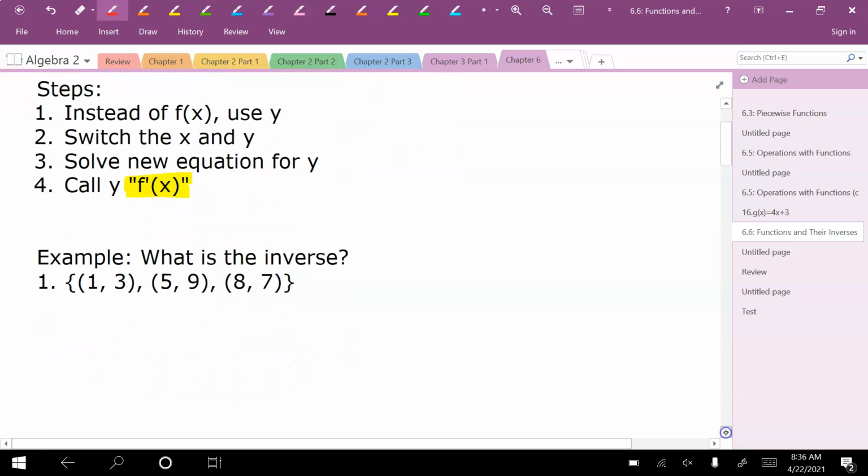Now, if they gave me coordinates like this first example does, if you were given the coordinates and you wanted to find the inverse, you would take all those coordinates and just switch them around. So the inverse of this, when I do 1, 3, that would become 3, 1. I flip them around. So what would the next one say?